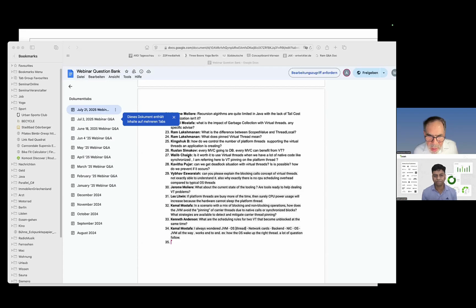Question 28. Hayek, Walid: Is it worth using virtual threads when we have a lot of native code like synchronized? I am referring here to virtual thread pinning on the platform thread. There are two ingredients to that question. If you have a lot of native code, I would be careful because in native code, pinning can happen.